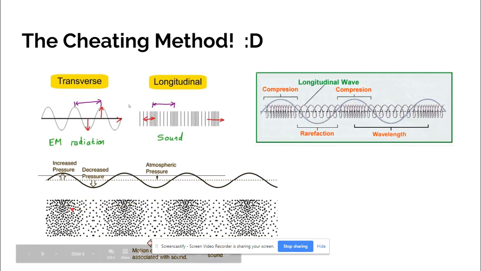And if you take a look at a sound wave and you measure its compression's pressure or its strength, if you turn that into a graph, this part has high density, high pressure. This part has low density, low pressure. You can turn a longitudinal wave into a transverse wave. And that's what we do when we study sound.